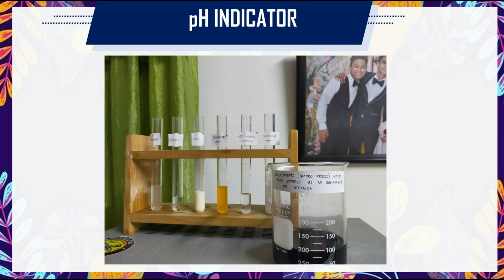Prepare the samples. For this time, I have prepared 6 samples. 1 is vinegar, 2nd is bleach, 3rd is fresh milk, 4 is carbonated drink, 5 is salt water solution, and 6 detergent soap.